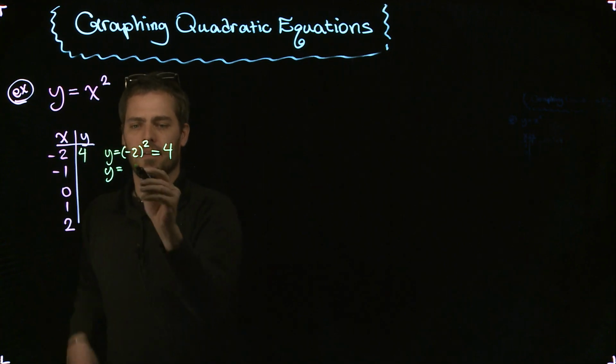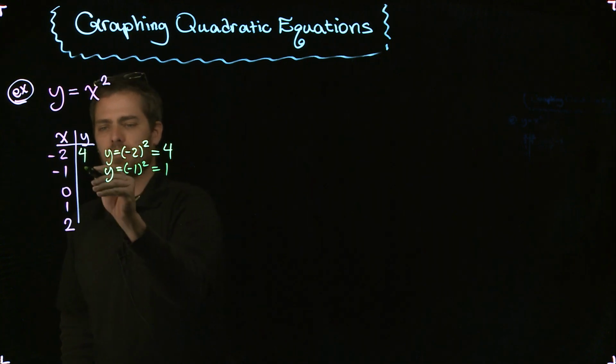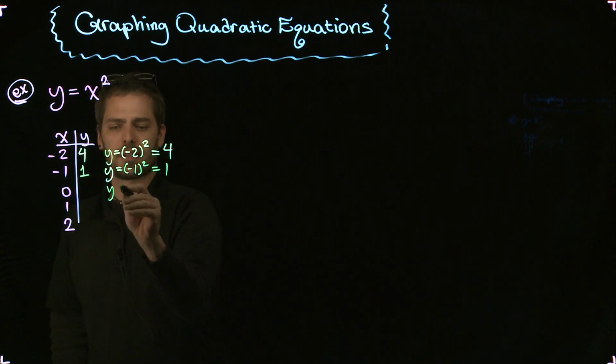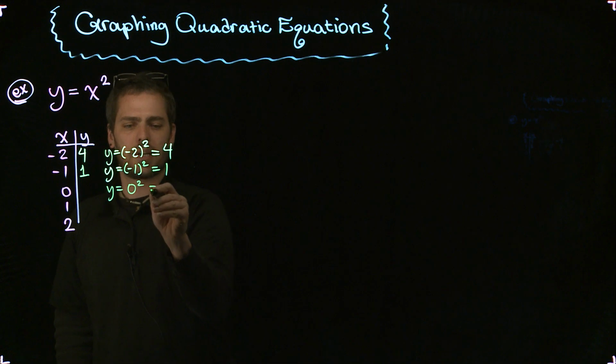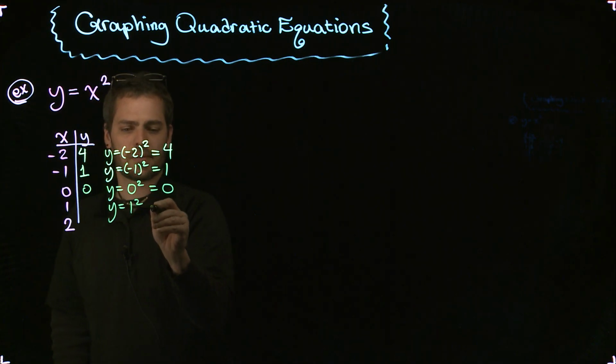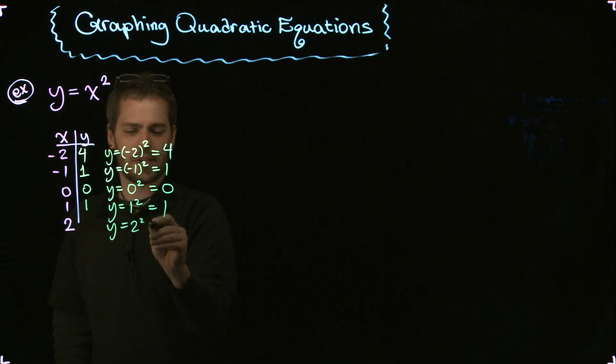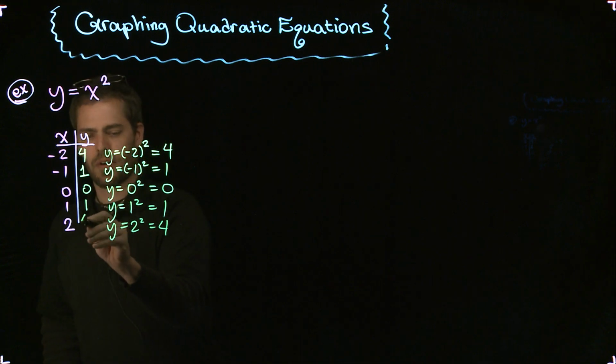All right, -1, let's put that in there. Squared equals +1. All right, now we're at the 0. Squared, which is 0. Y equals 1 squared, which is 1. And then y equals 2 squared, which is 4.